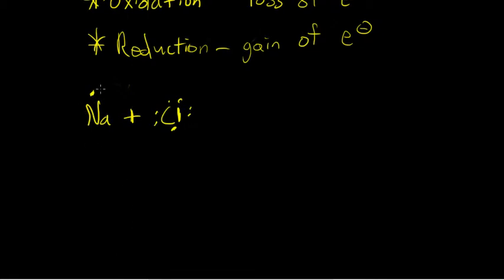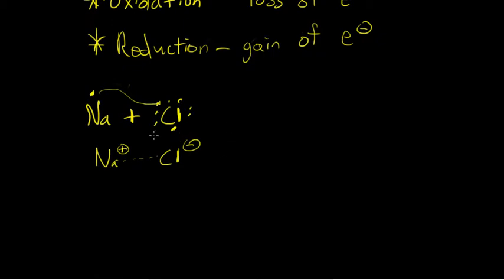If you look at a periodic table, you'll see that sodium has one electron in its outer shell, while chlorine has 7. So what happens here is this sodium loses its electron in its outer shell, actually donates it to chlorine, and in doing so it becomes the Na+ ion, while chlorine, having gained an electron, becomes a Cl- anion, and these two ions form a strong ionic bond.